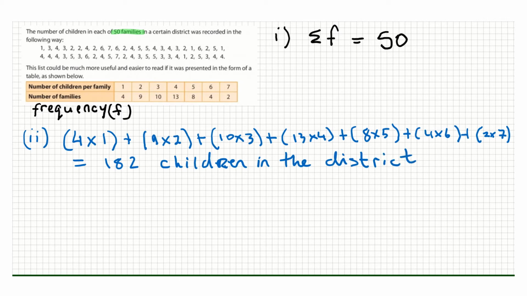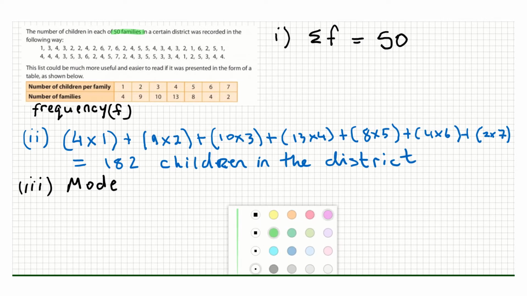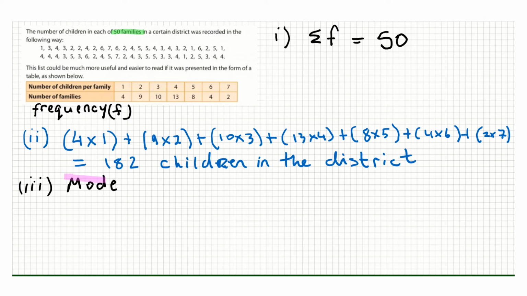The next question you might be asked is the mode of the data. In this case, the mode means which number of children is the most common in a family. We can see here that 13 families have 4 children.